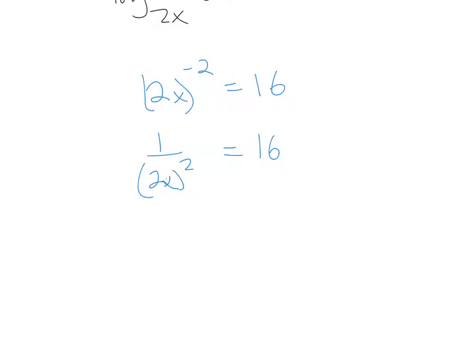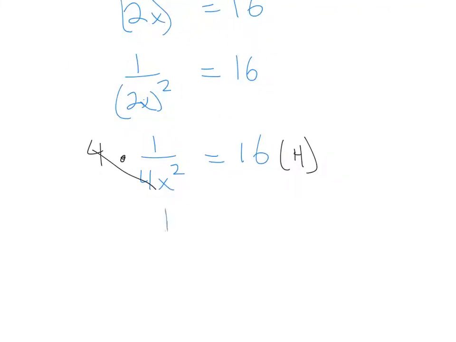Simplifying this, we've got 1 over 4x squared, which is equal to 16. I could multiply the left side by 4, getting that to cancel, and multiply this side by 4. So now you've got 1 over x squared is equal to 64. Let's flip both sides.